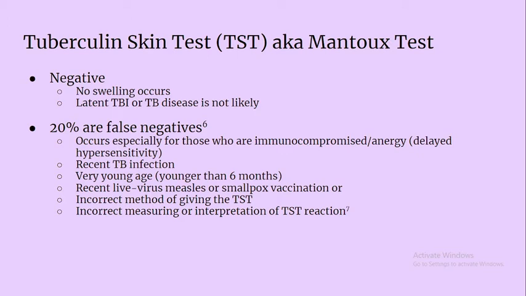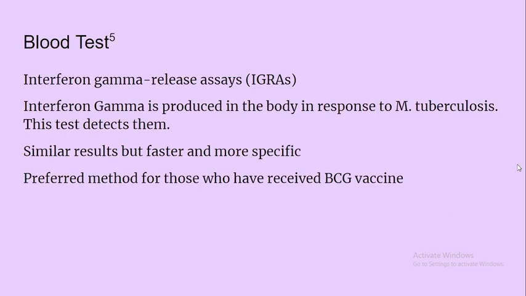And also, a recent TB infection might create a false negative, as can very young age, younger than 6 months, other viruses or vaccinations, and incorrect method of giving the TST, or incorrect measuring, which is basically human error.